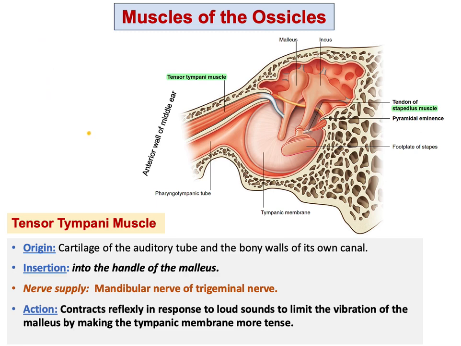So I will start with the first muscle, which is the tensor tympani muscle. If you remember, we said that this is the anterior wall of the middle ear. Let me help you understand what you see. You are looking at the middle ear from inside. That means you remove the inner ear from here, and now you are looking at the middle ear, right?